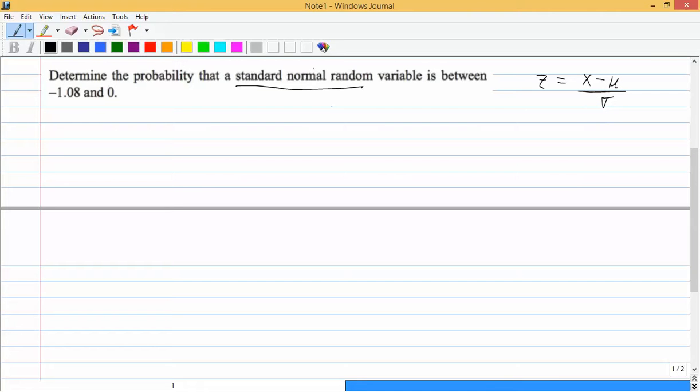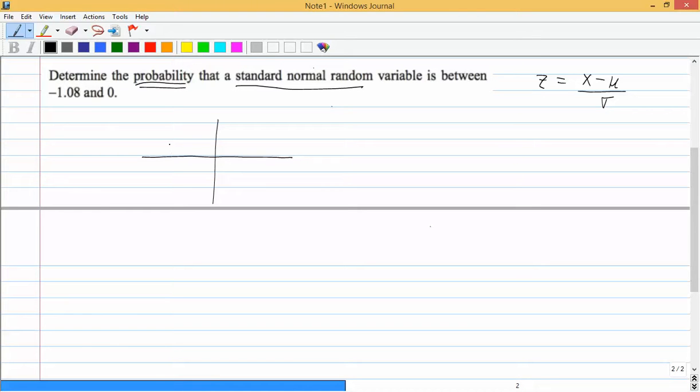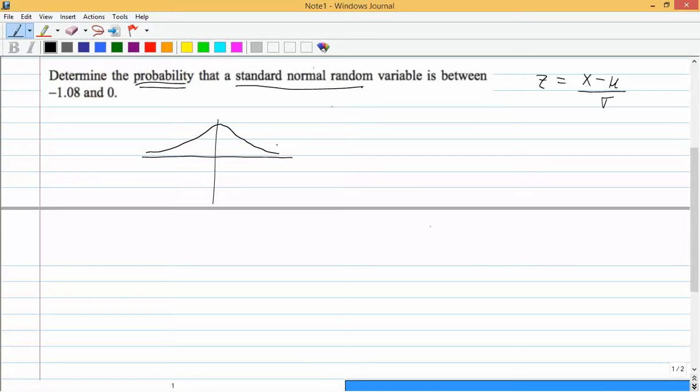Alright, so if we want to know the probability that the variable is between negative 1.08 and 0, then I'm going to draw a picture to show you exactly what we're getting. I'm just going to draw the regular x and y axis to give me a guideline to go by. And here's my normal curve. I know that right here in the middle, that's 0.